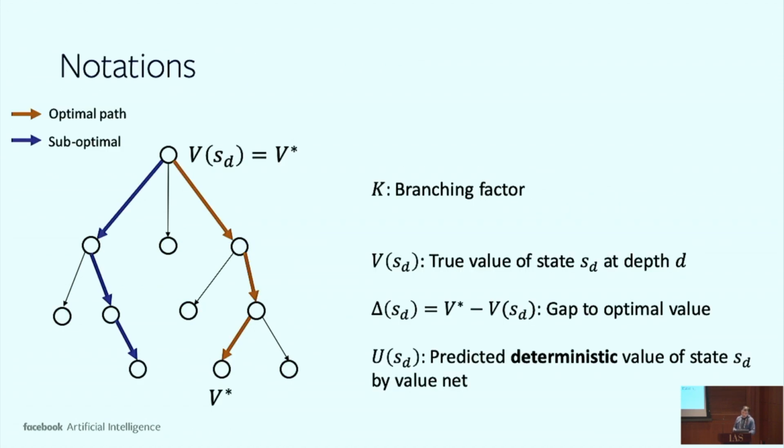The notation is as follows: you have this tree, and k is the branching factor, which we assume is the same for all nodes. V is the true value of the state. The true value is not visible, and instead we use a neural network to predict it. This true value V is not necessarily V star, because if you are evaluating a node that is not on the optimal path, the true value will be smaller, and the gap is called delta.